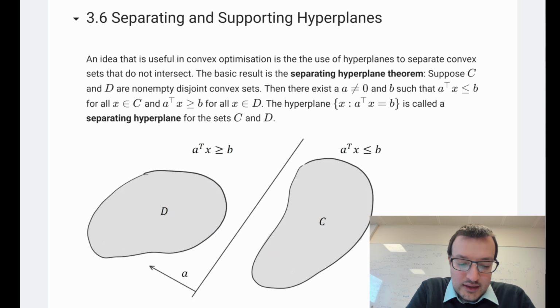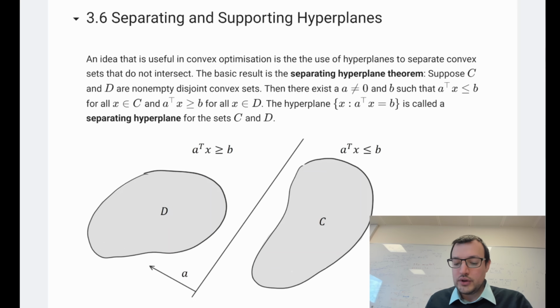And this is useful for the following section, which is about dual cones and generalized inequalities based on the dual cones, which is quite a complex topic from a mathematical point of view, probably one of the most complex that we will see, but it's very useful to characterize minimum and minimal elements from a geometric point of view. So let's start now with this idea of hyperplanes, and we will look essentially at two theorems.